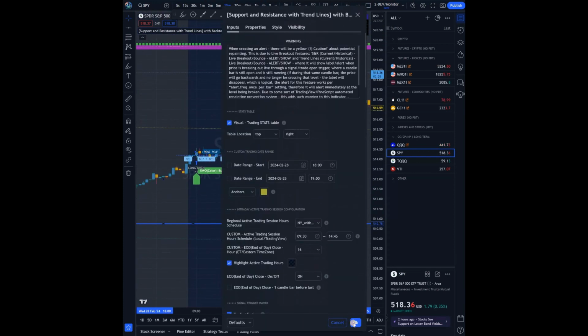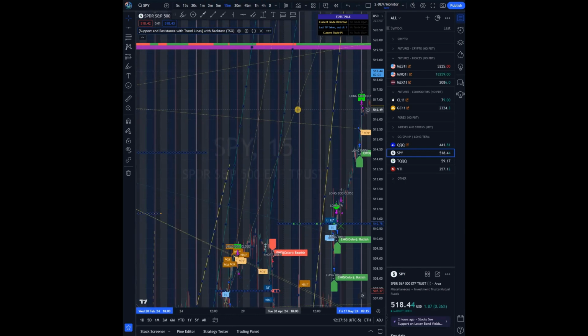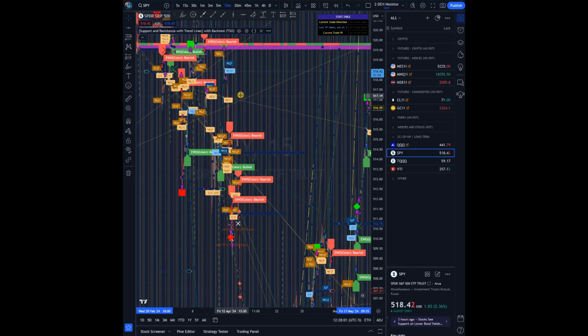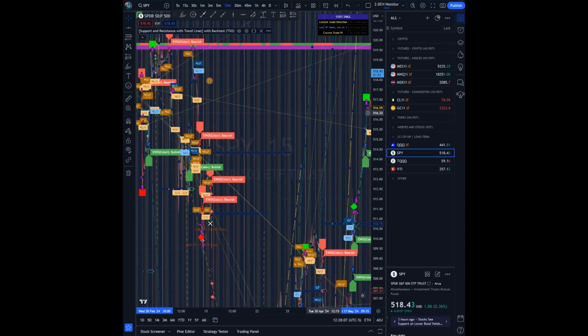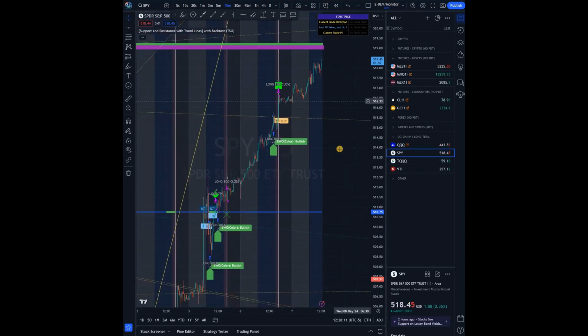Let me prepare a little bit. I switched off the support and resistance historical signal trigger, but we still have the trend line. You see it comes from a long time ago, April 15th. That's almost a month ago, and 120 days fits that month.